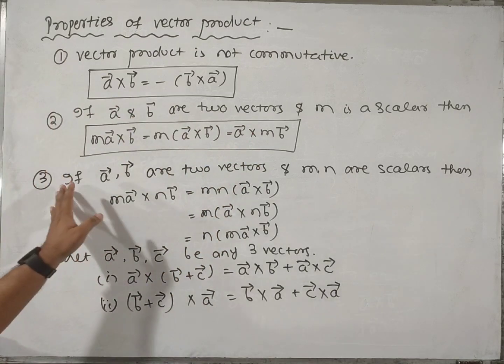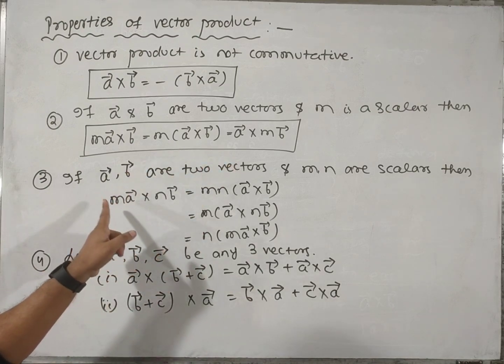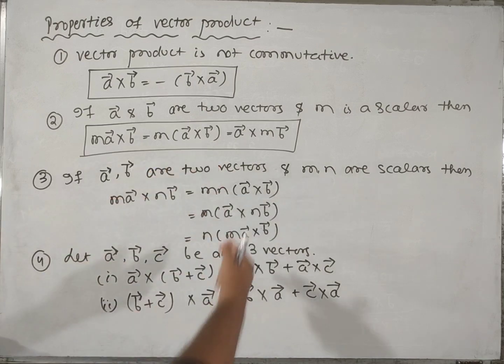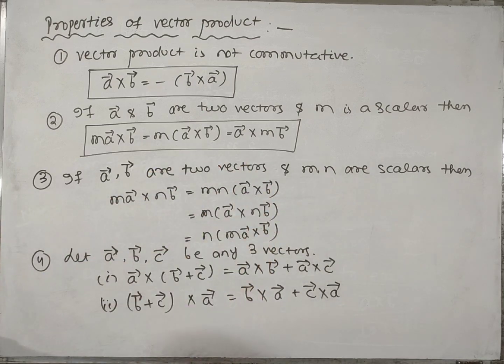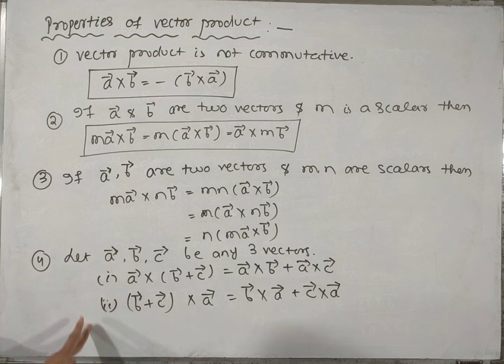The third one is, if a vector and b vector are two vectors and m and n are two scalars, then the vector product between m multiple of a vector and n multiple of b vector, and the results are here, and you have to remember this. The fourth one is, let a vector, b vector, c vector be any three vectors, then these two results are very important in problems.